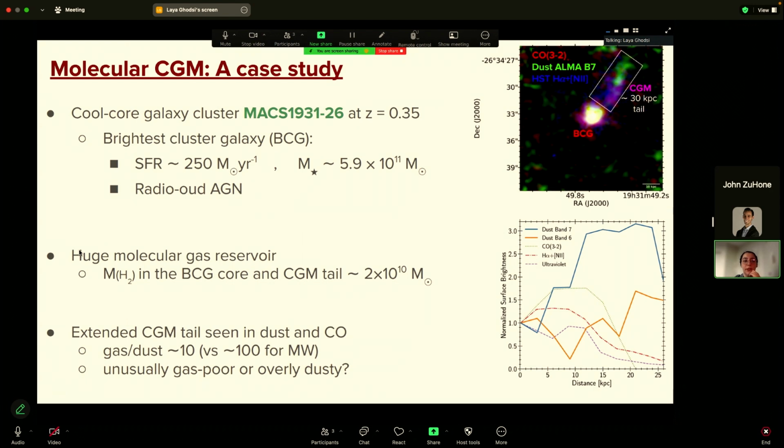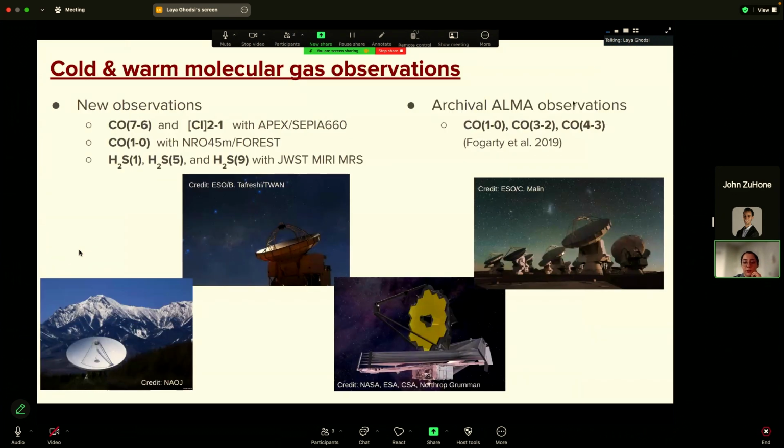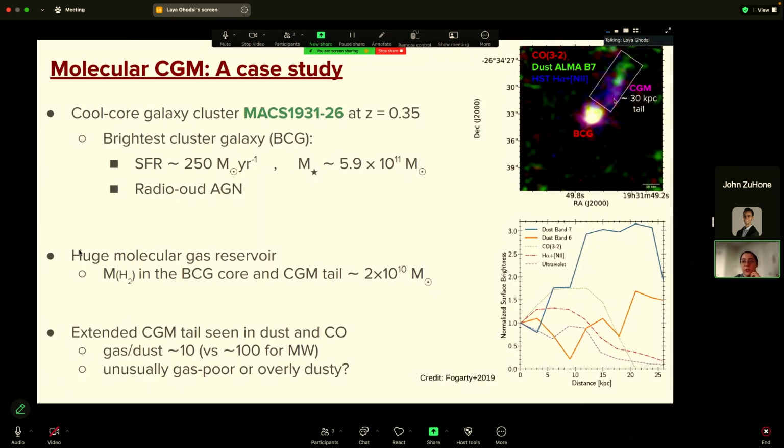We also see a radio-loud AGN in this system, and as you can see in this composite image, we see the CO 3-2 emission in red, the dust ALMA band 7 in green, and Hubble H alpha plus N2 in blue. And you can see that the tail-like structure here is extended up to 30 kiloparsec away from the central galaxy.